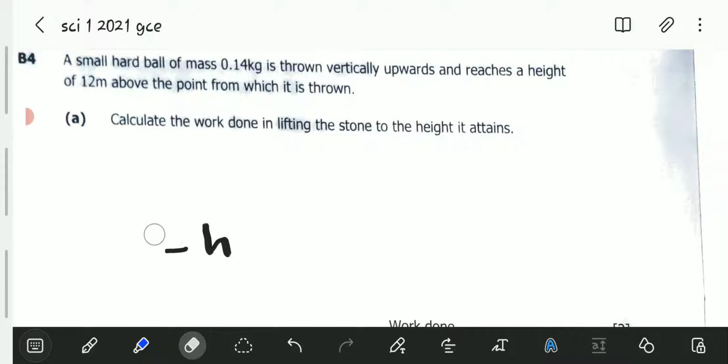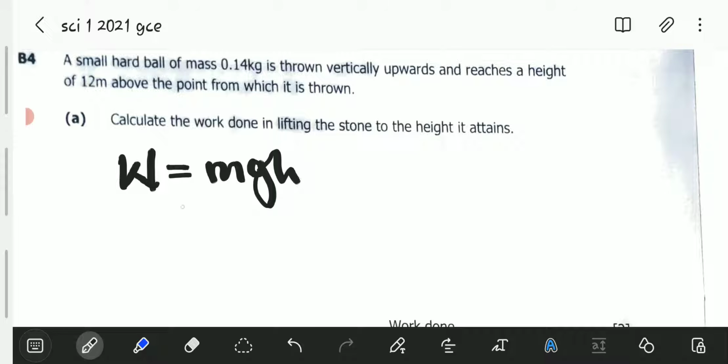Allow me to wrap everything. So we have work, capital W, is equal to mgh. This is equal to 0.14 multiplied by 10 multiplied by 12.